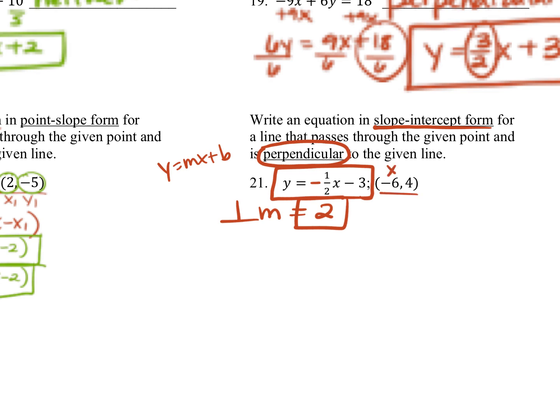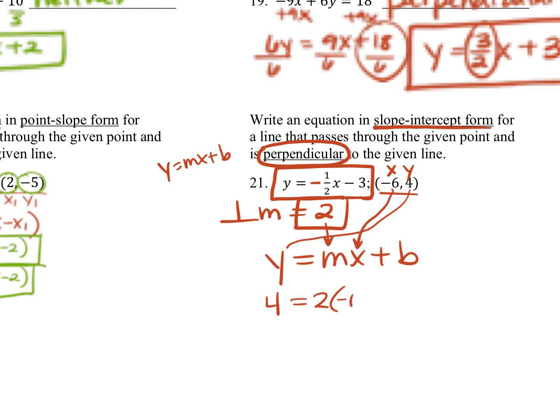So if this is my x and my y, and I'm going to put it into y equals mx plus b, I'm going to just start plugging things in. 4 equals 2 times our x value, negative 6, plus b. So 4 equals negative 12 plus b. So we're going to go plus 12 plus 12.